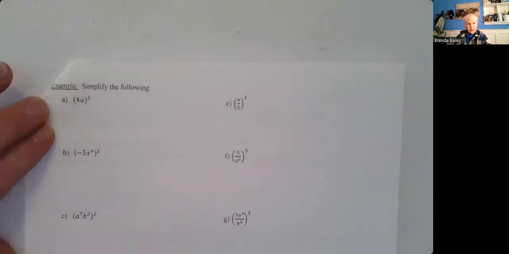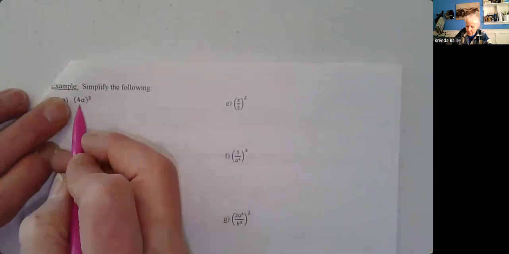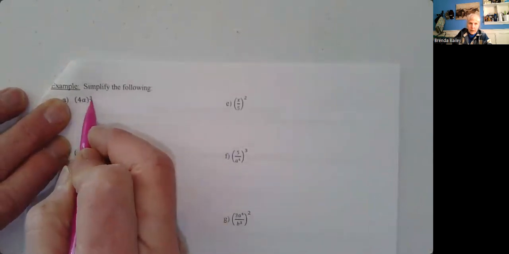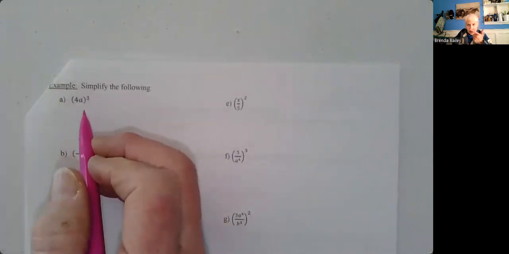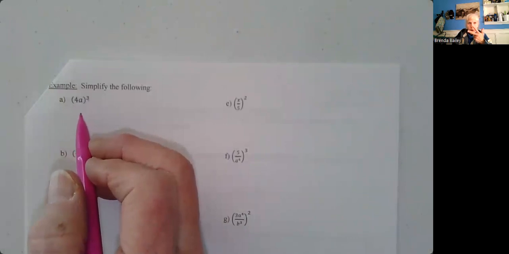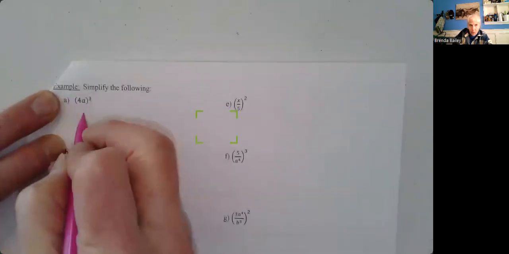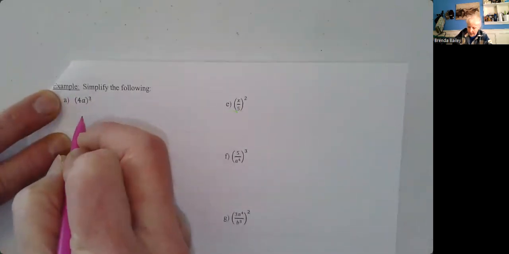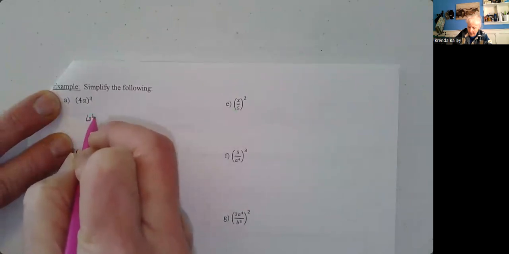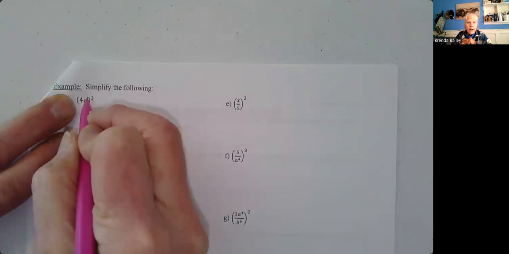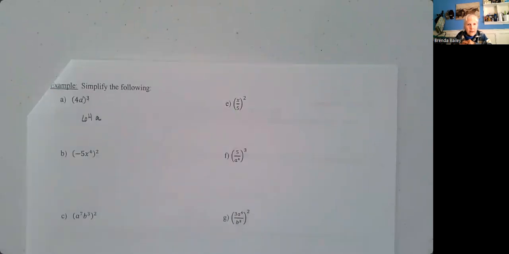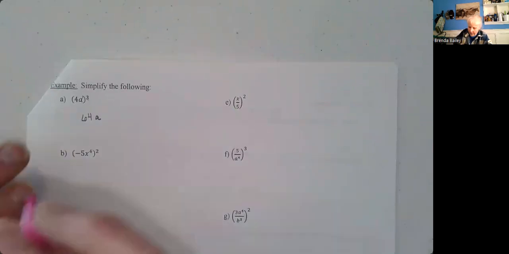All right, looking at this, you take 4 and you cube it. So 4 times 4 is 16, times 4 is 64. I'm going to see if I can focus that a little bit. Okay, great. We have 64a. Now on the a inside is a 1. 1 times 3 is 3.